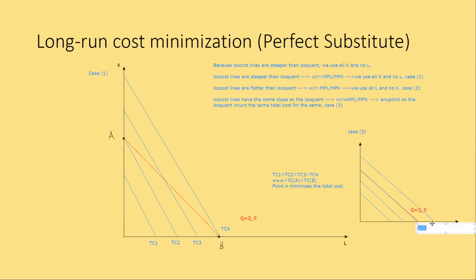And if this is our TC3, every point on the isoquant is going to incur a cost that is TC3 for the firm, and every point is basically going to be the same for the firm, and all of those points are cost minimizing points. The firm has no incentive to choose a point that is higher than TC3, and the firm is not able to choose a point that is lower than TC3.